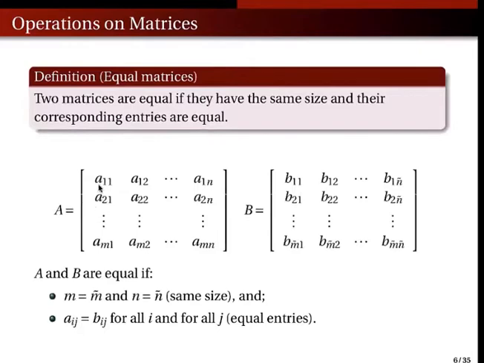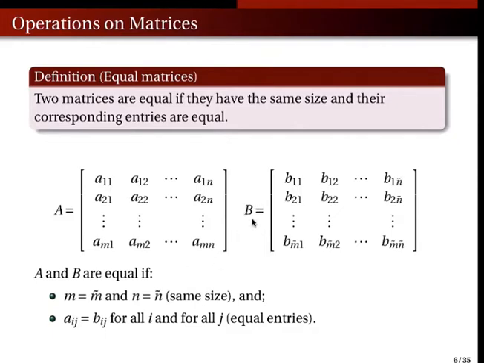So for instance, let's have this matrix A with labeling A11, A12, etc., until A1n, and then the last row here you have Am1, Am2, etc., Amn. So meaning A has size m by n.